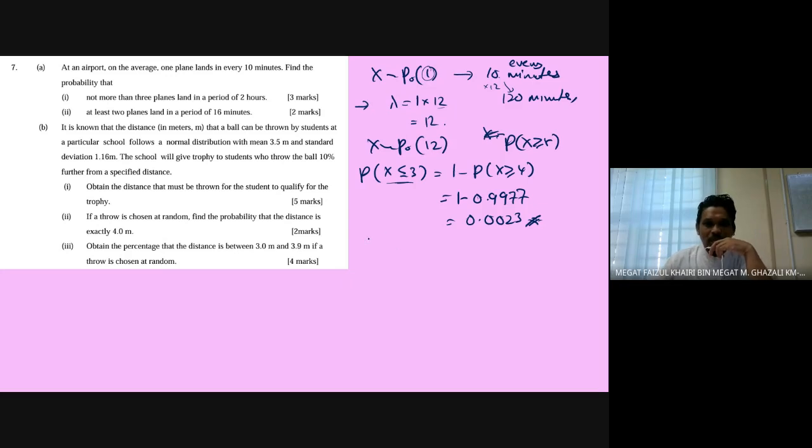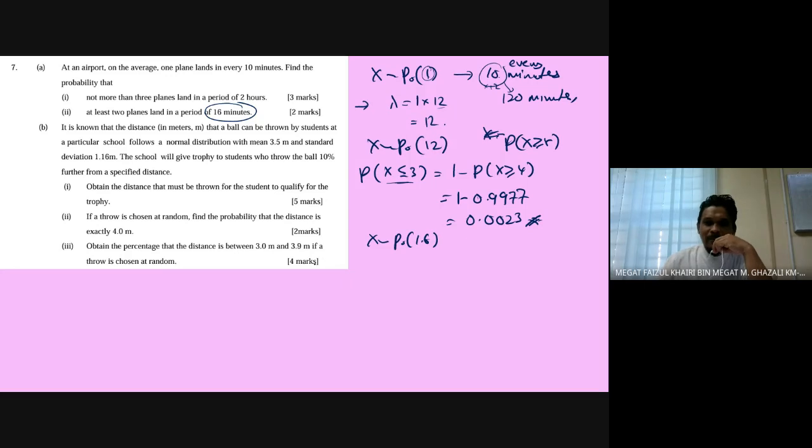Okay, at least 2 planes in a period of 16 minutes. So the lambda is 1 for 10 minutes. So what is the value of lambda for 16 minutes? Now X is Poisson distributed with lambda 1.6. 10 minutes, lambda equal to 1, so for 16 minutes, 1.6.